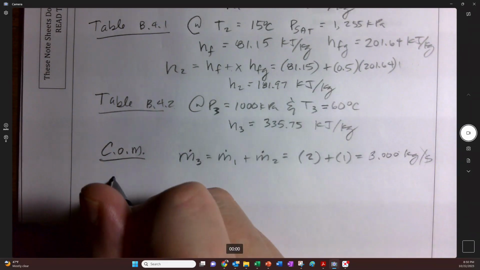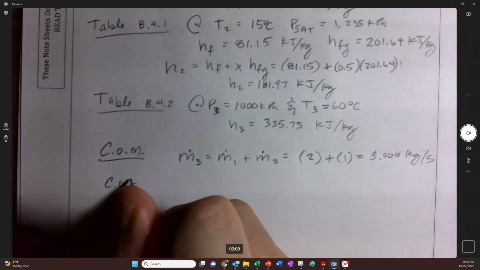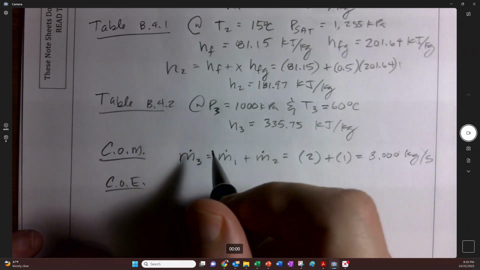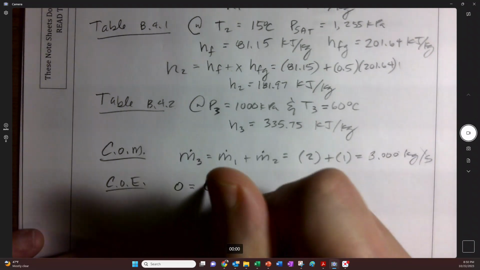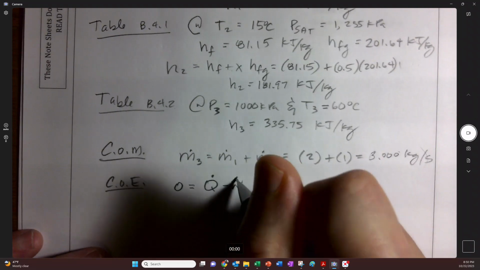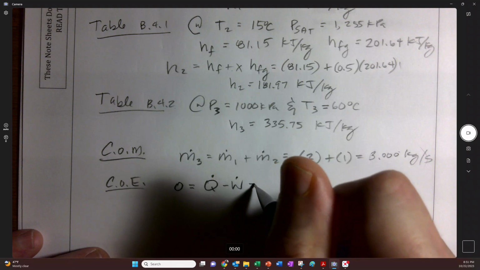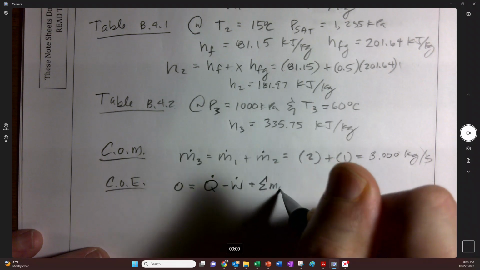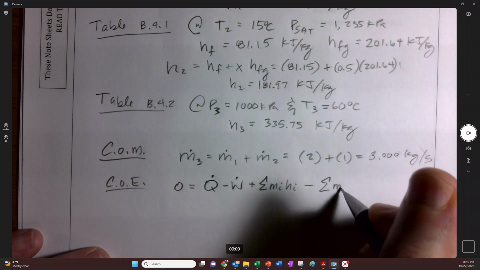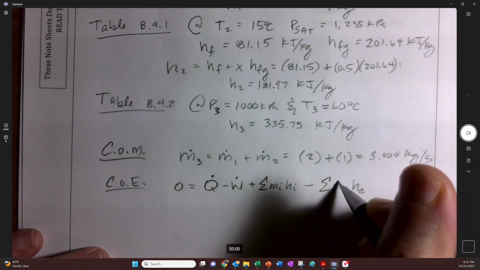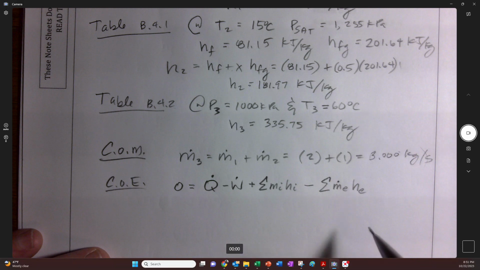Then we go to conservation of energy. And I'll write out the equation. Q dot minus work dot, aka power, plus summation of M dot I H I minus summation of M dot E H E. No work.